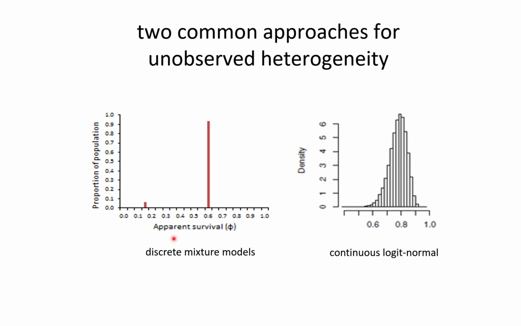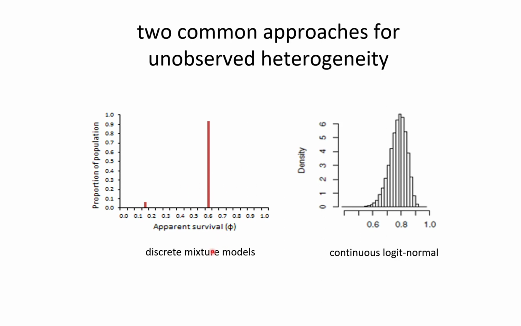We said, well, some percentage of the population are high encounter individuals, some of them are low, but in the process of making that statement, we were dichotomizing individuals. We were saying you're either a high capture individual or a low capture individual. So we, in that case, had two different groups of individuals. Well, that's kind of what you see here on the graph to the left.